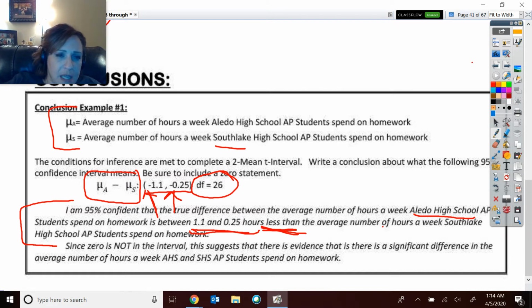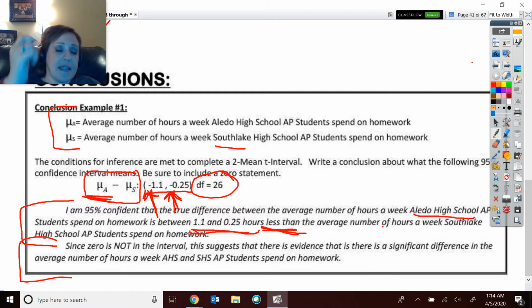And the reason is because we had those negative numbers, indicating that this first mean was smaller than the second. And when we have intervals with two items, that zero could be in there because we're talking about the difference. And if zero's in there, then there's not evidence of a difference.